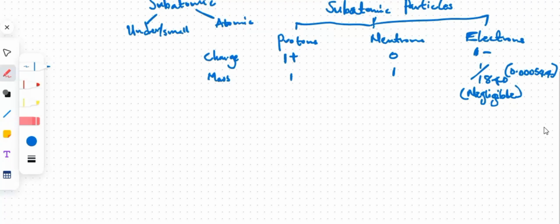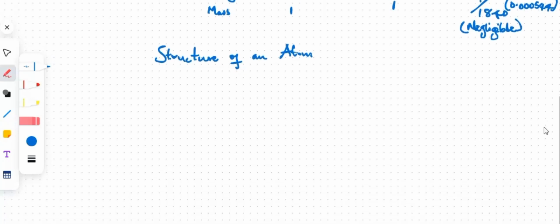So now let's look at the structure of an atom. That's why I call it atomic structure. For an atom we have the shell, then we have the nucleus.